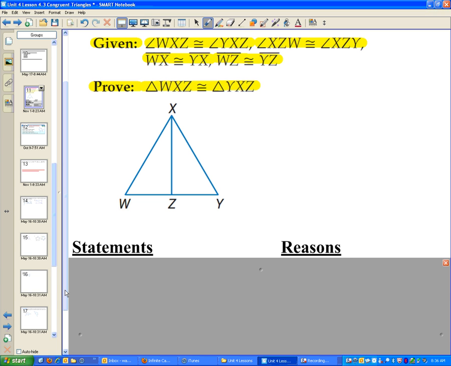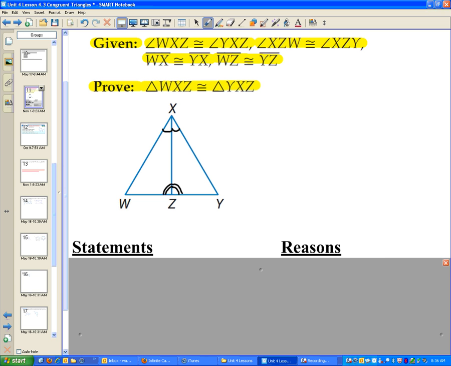All right, to help me make my plan, I'm going to mark on my figure all of the given information. So the first thing I'm given is that angle WXZ is congruent to angle YXZ. I'm going to label that on my figure. Angle WXZ is that one. Angle YXZ is that one. So that's one pair of congruent angles. Also, angle XZW, this one, is congruent to angle XZY.